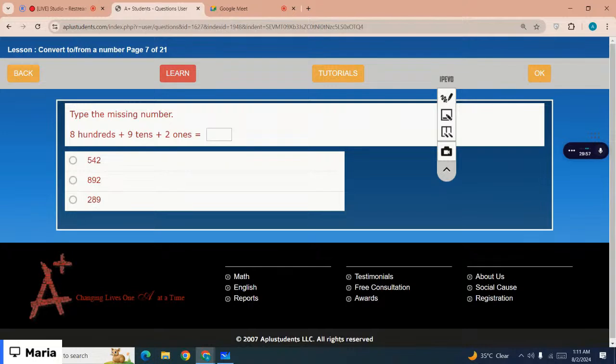Type the missing number. 800s, 9 tens, and 2 ones. So which is the correct option?